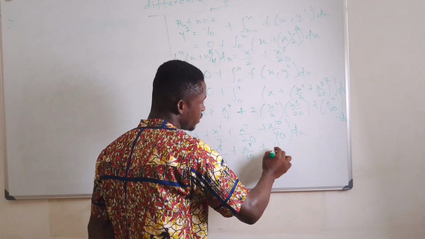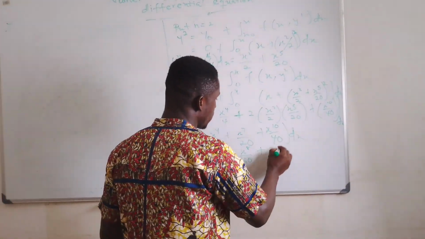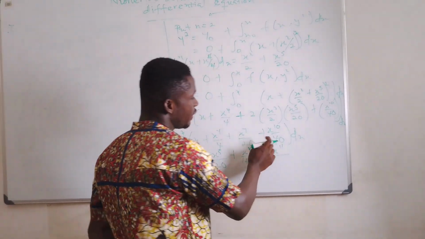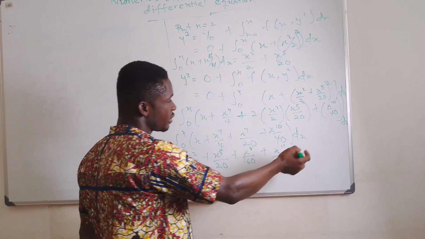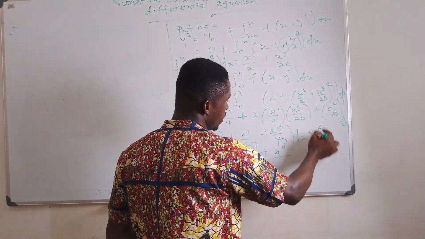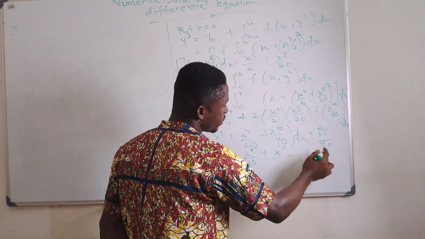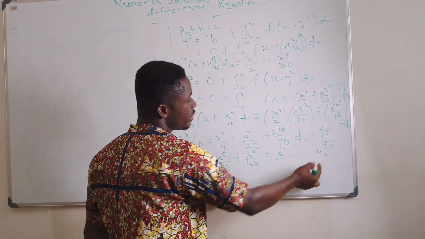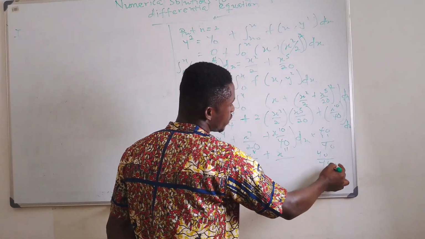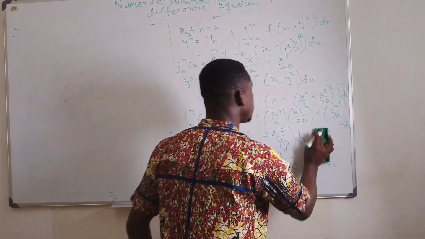So x power 11 on 11 times 40, we are going to get 440. Very good.